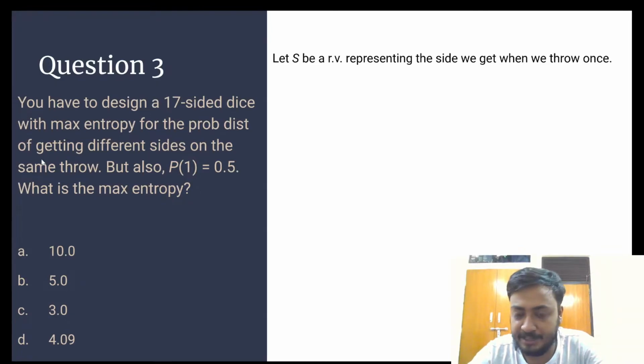This is a probability based question. I guess you are familiar with the concept of random variables. First of all, we take a random variable which represents the side when we throw the dice once. Let S be that random variable.